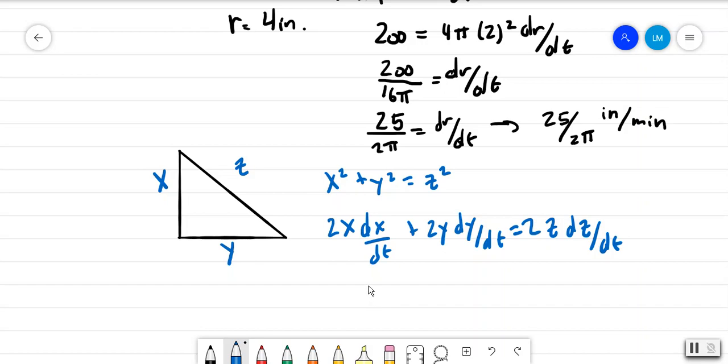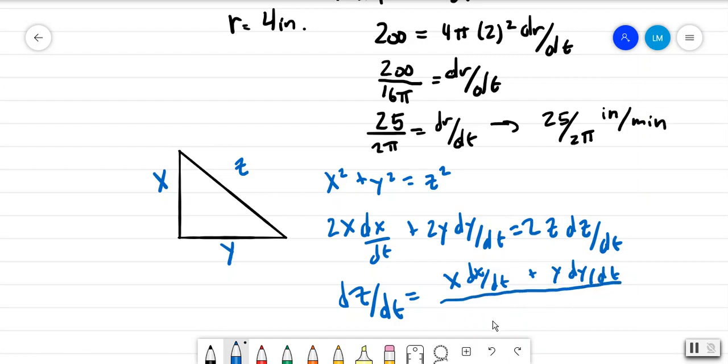And essentially what you'll get is that the rate of change of the hypotenuse is x multiplied by dx dt plus y dy dt, all divided by z. But note that z is the square root of x squared plus y squared.